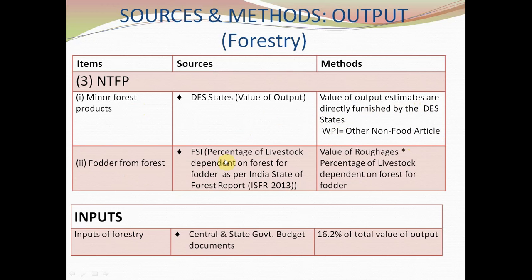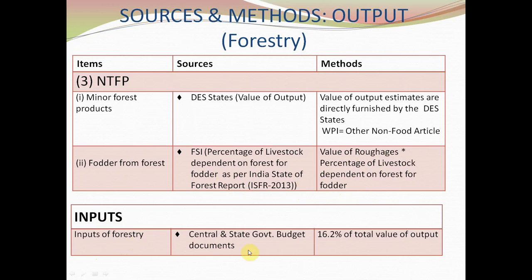For fodder from forest, Forest Survey of India (FSI) is providing percentage of livestock dependent on forest and fodder as per India State of Forest Report for 2013, and the calculation method is value of roughages multiplied by percentage of livestock dependent on forest for fodder.